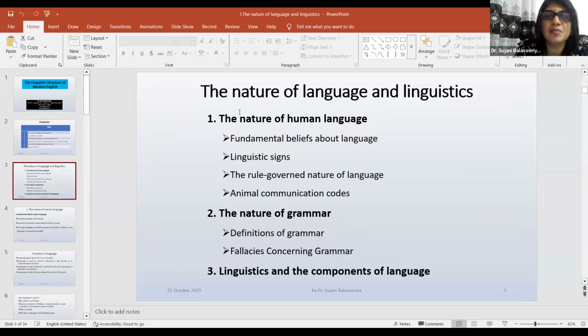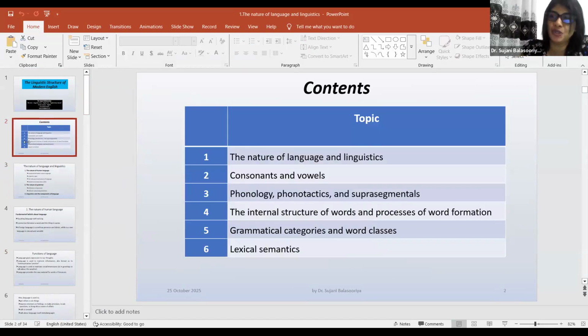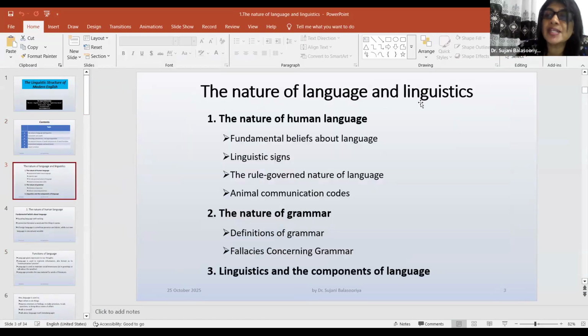Now, in this module, there are several different areas to be discussed, as I was showing you last week. Then I started the discussion on the nature of language and linguistics. That's the first topic. Under that, we need to talk about the nature of human language, the nature of grammar, and the third main topic, linguistics and the components of language. Actually, I was halfway through the first topic, the nature of human language.